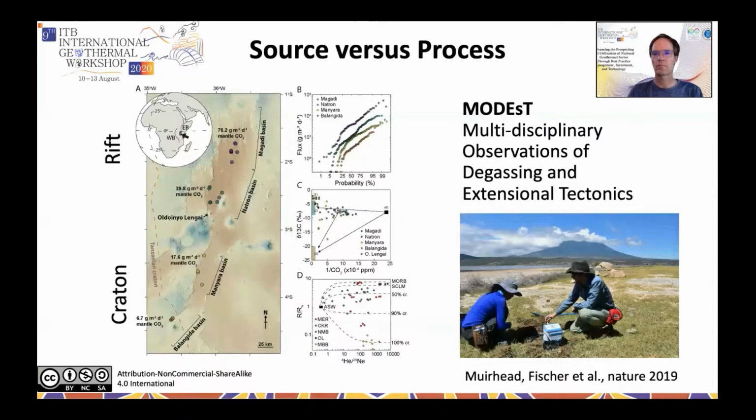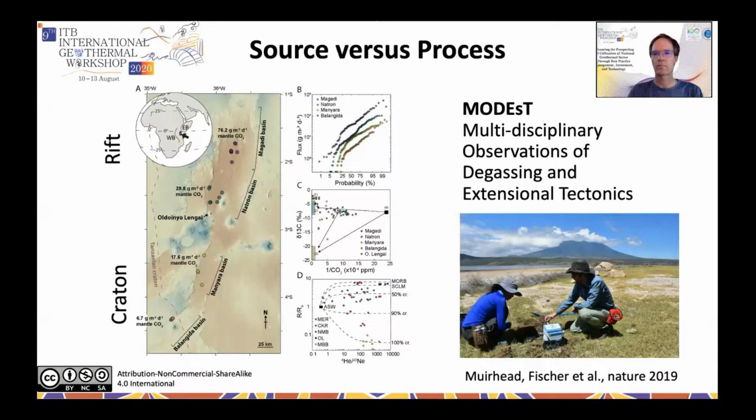A recent study that we did in the East African Rift illustrates the power of looking at gas sources. On the left diagram, you see a map that shows the mantle CO2 emissions measured on the craton, the Tanzanian craton, up into the rift. We see a clear distinction in the CO2 emitted on the craton versus the rift.